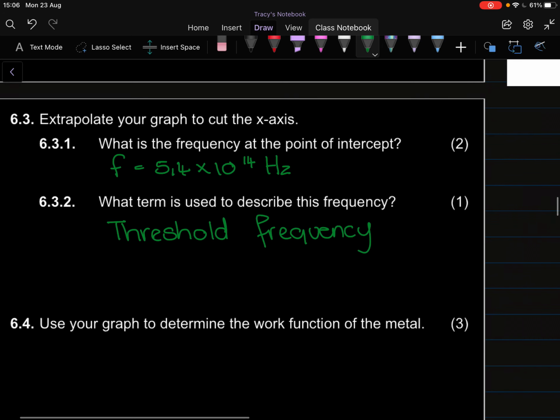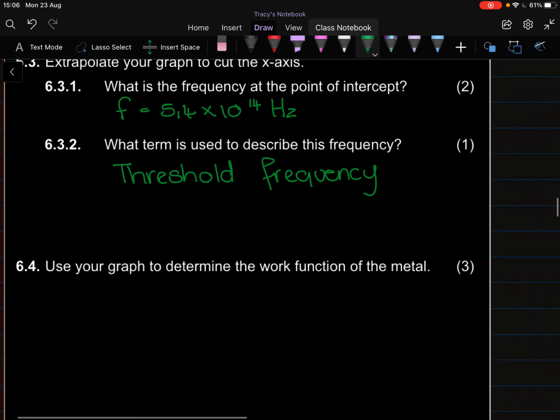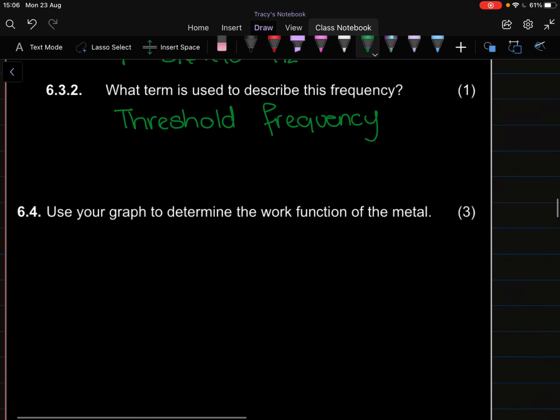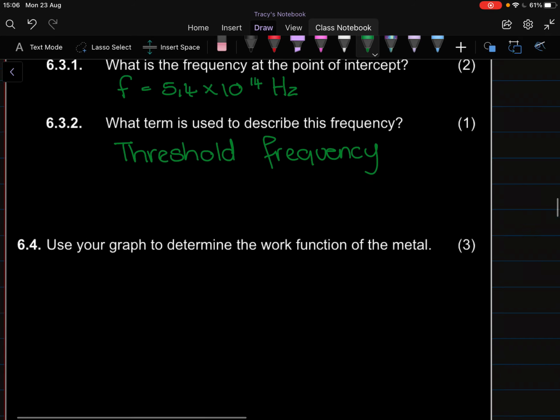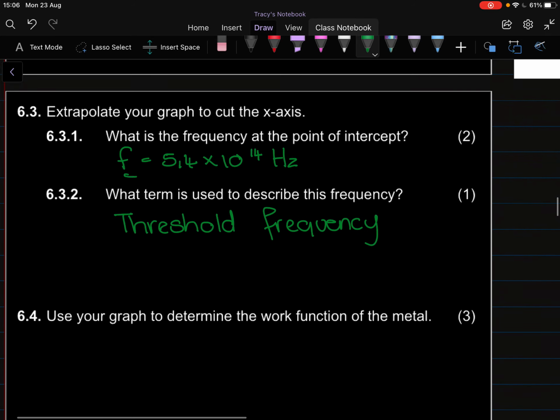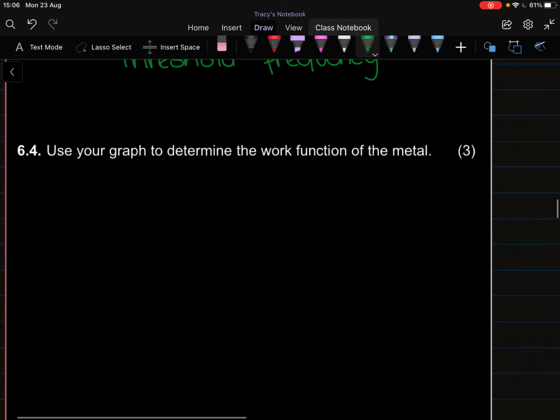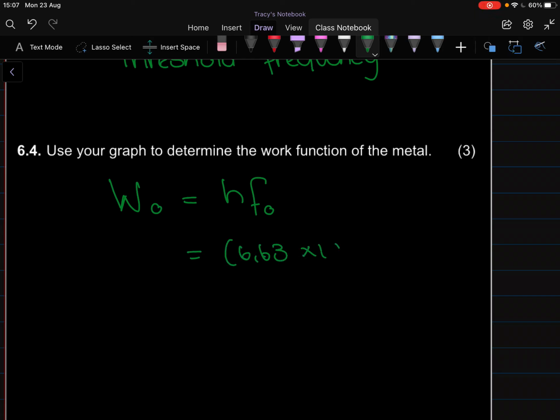Then they say, use your graph to determine the work function of the metal. Well, this is the point. I know now what threshold frequency is. So work function is h f naught: 6,63 times 10 to the minus 34, times 5,4 times 10 to the 14, and obviously we take down whatever your answer was in the previous question.